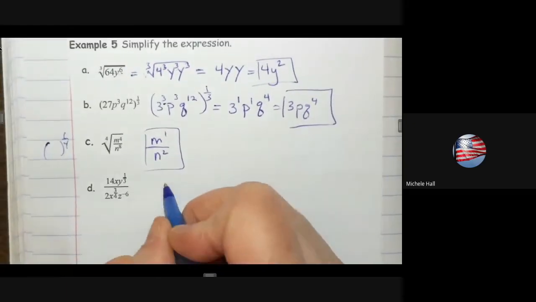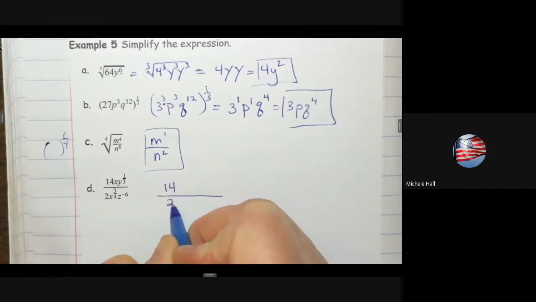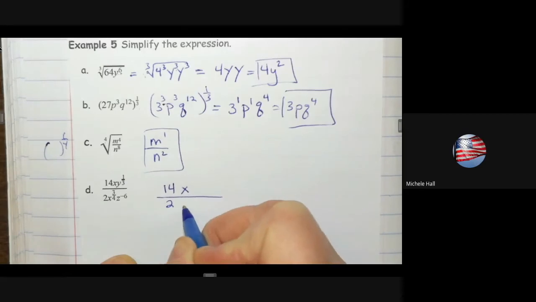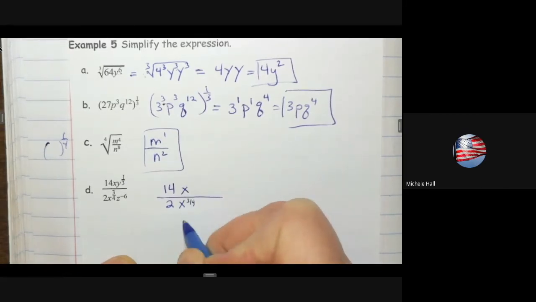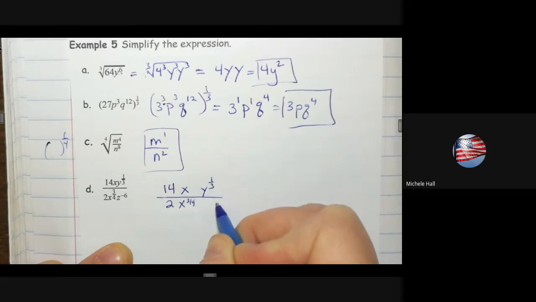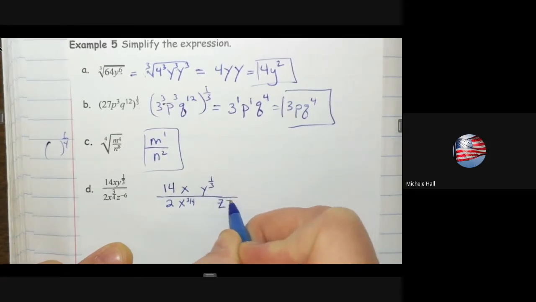Let's go with 14, and that's going to go with our 2. We have an x to the 1 power and an x to the 3/4. Those will be going together. We have a y to the 1/3, not paired up with anything. And then we have a z to the -6.